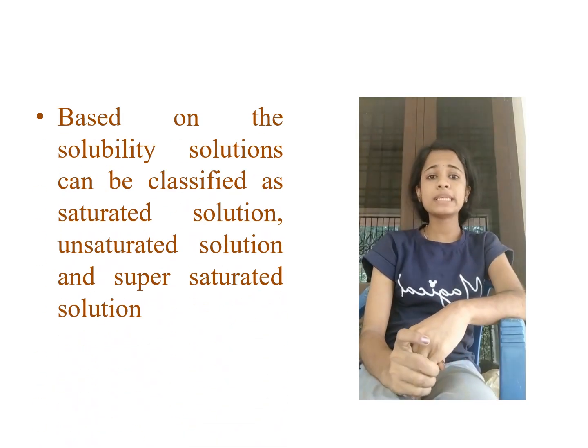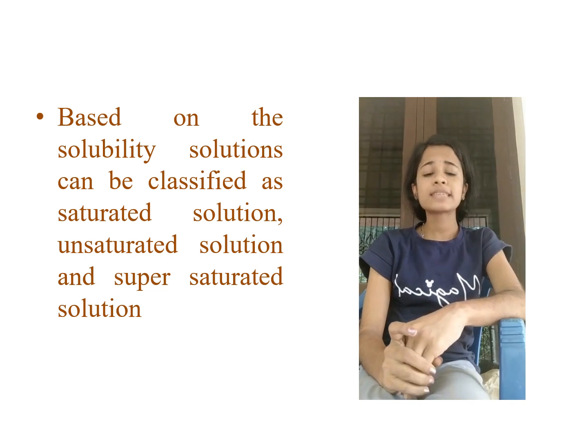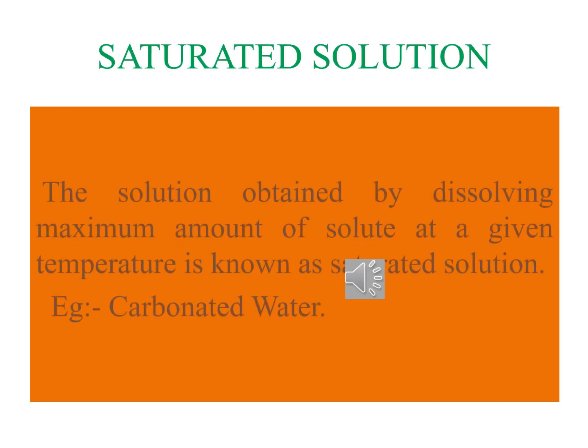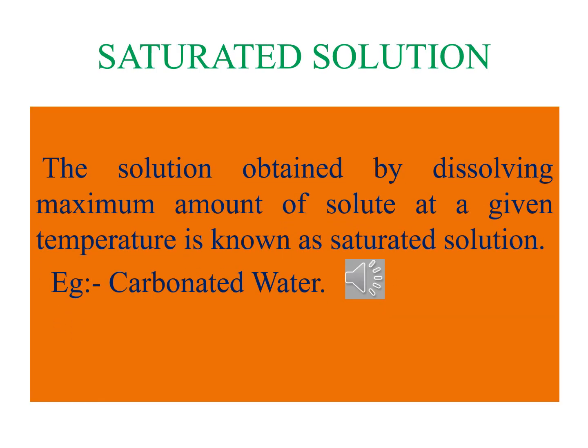Based on the solubility, solutions can be classified as saturated solution, unsaturated solution, and supersaturated solution. The solution obtained by dissolving maximum amount of solute at a given temperature is known as saturated solution. Example of saturated solution is carbonated water.